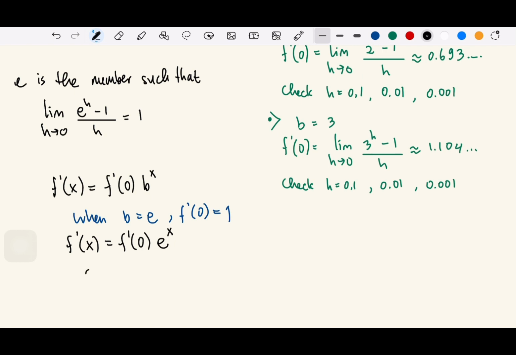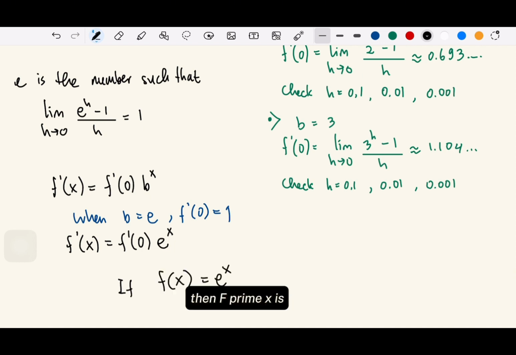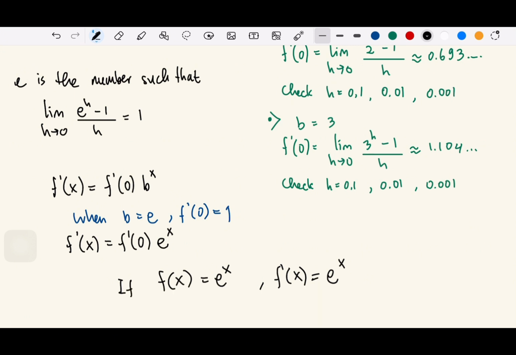So let me write here, if f of x is e with power of x, then f prime x is e to the power of x. It's so simple, but how we get that is actually, I think, quite interesting.